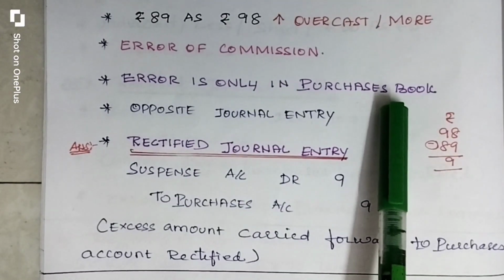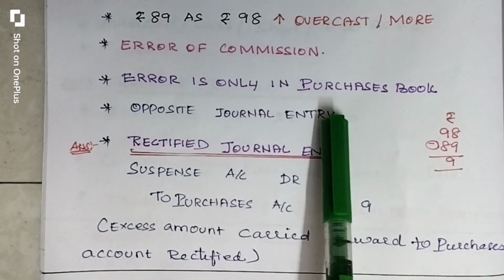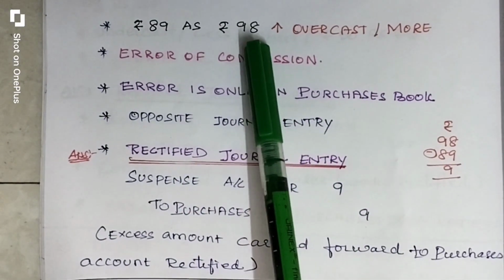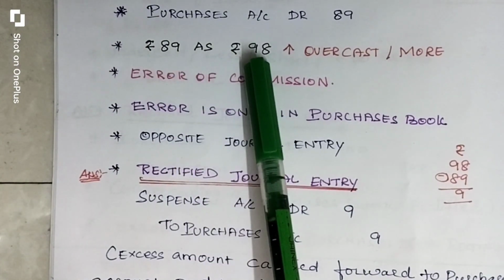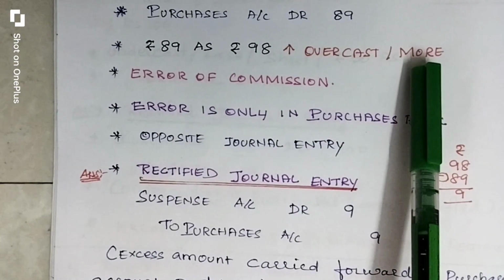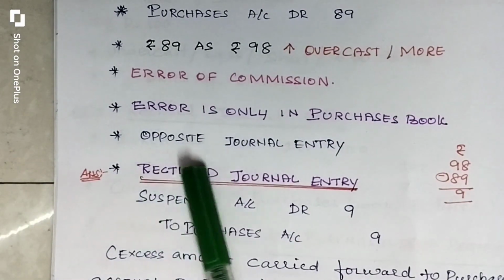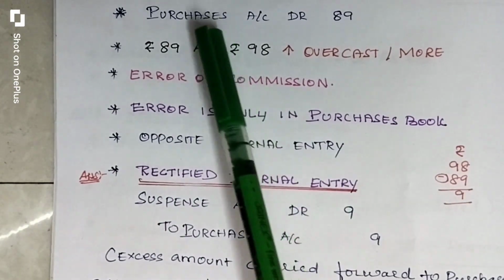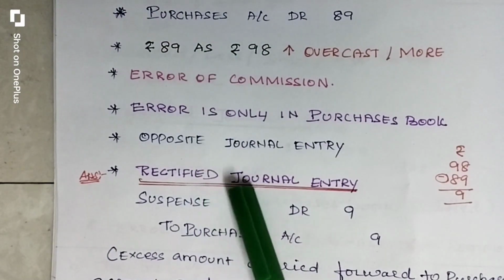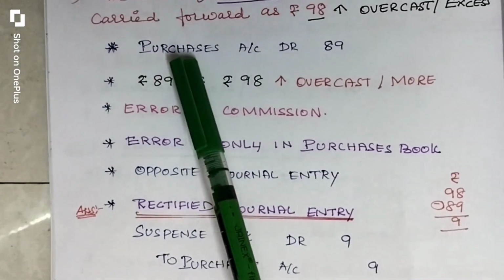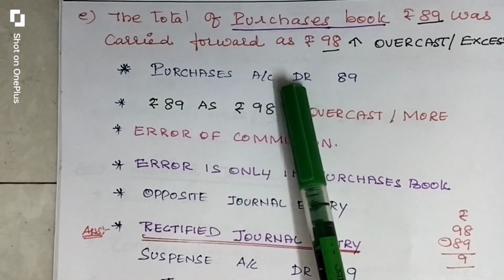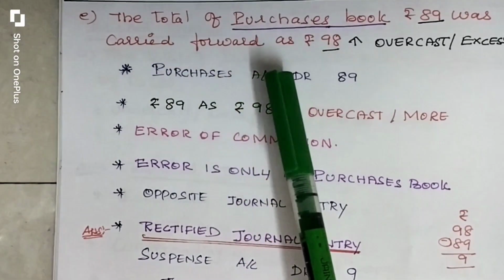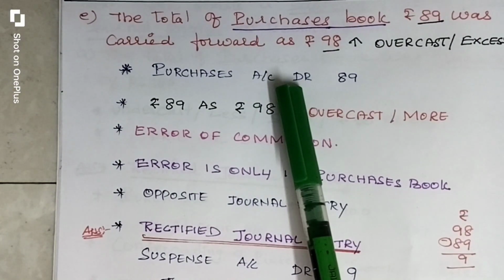So we have to use the opposite journal entry. Why? Whenever you see overcast, or 98 instead of 89, excess, you have to follow the opposite journal entry. What is meant by opposite journal entry? Generally, the purchases account is on the debit side, right?